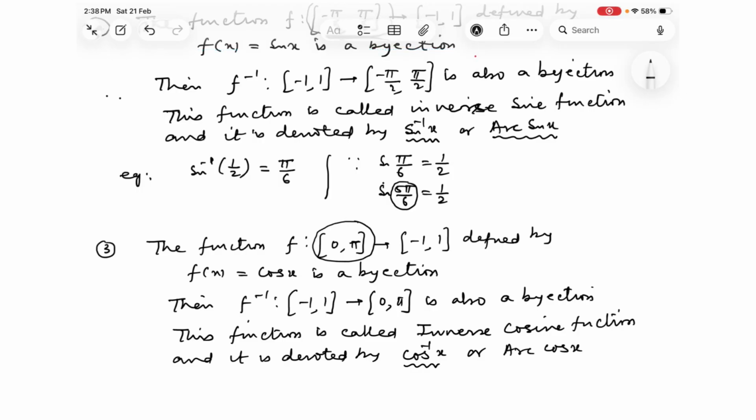Arc cos x, cos inverse x, both are same.